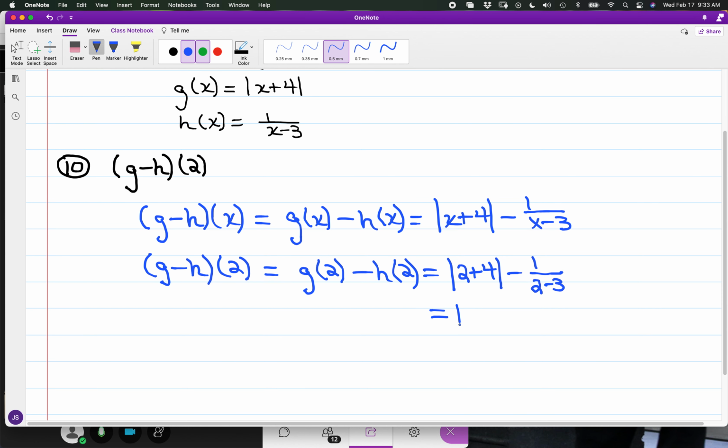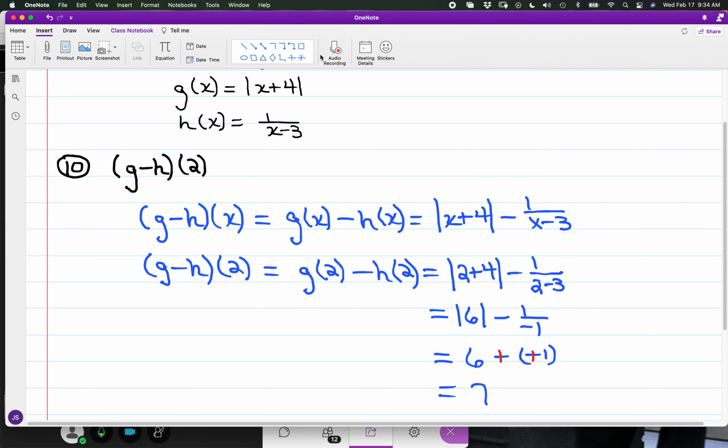So you have the absolute value of 6, and we have minus 1 over negative 1. And we have the absolute value of 6 is 6, and we have minus negative 1. And again, subtraction of a negative is going to translate to, in this case, addition of the positive. And so we have for the outcome here, this winds up at 7.